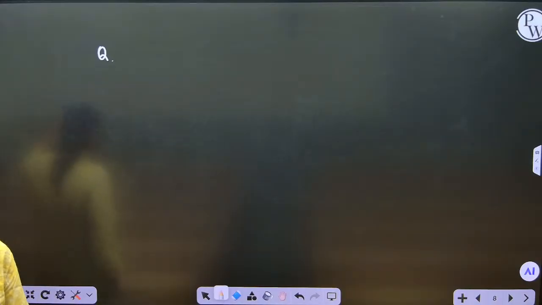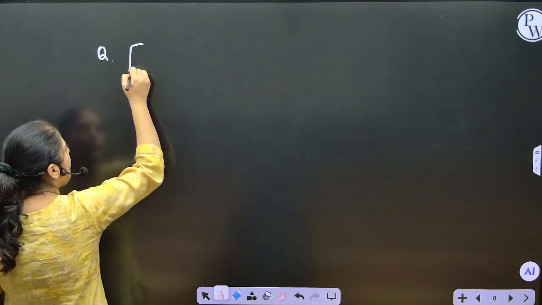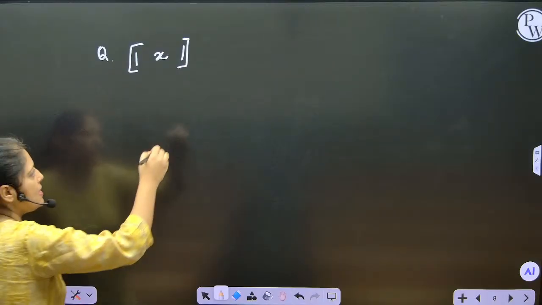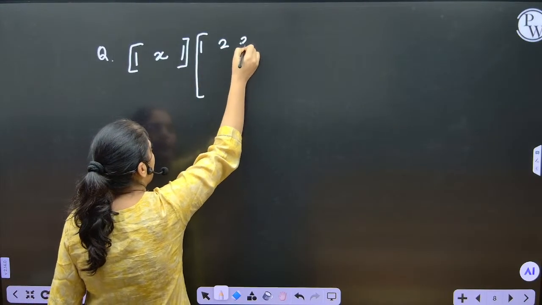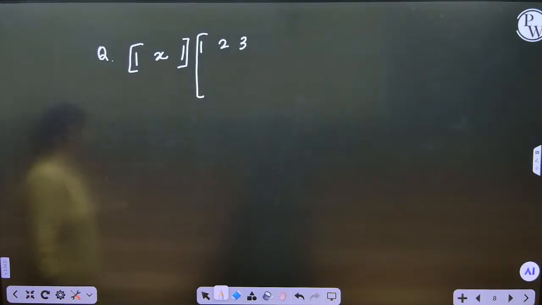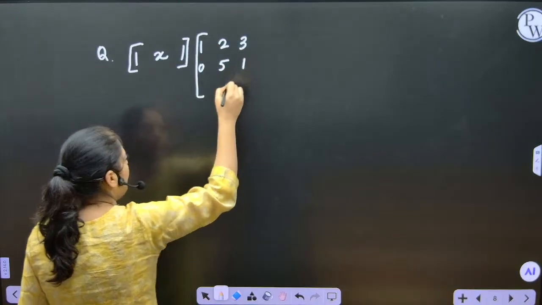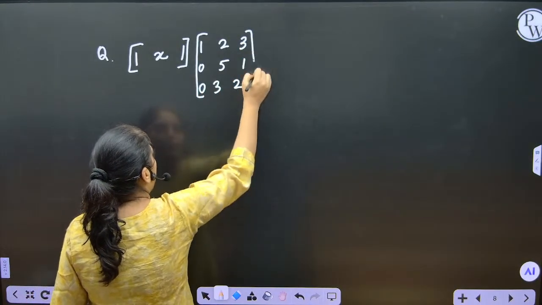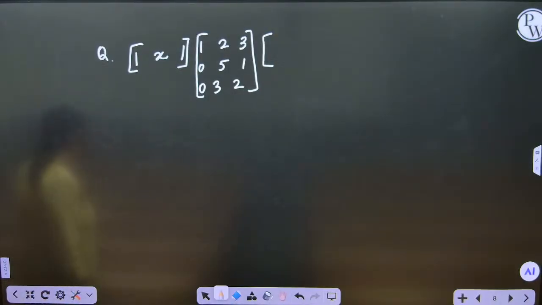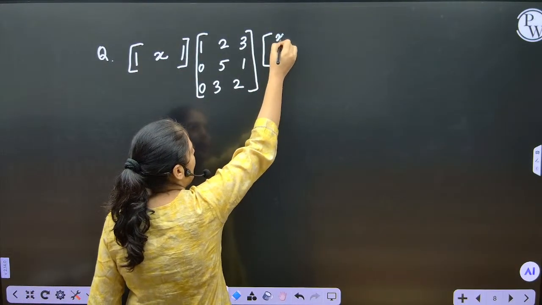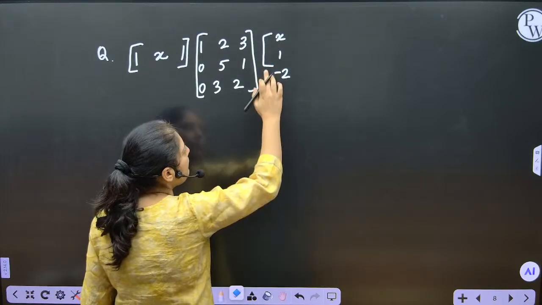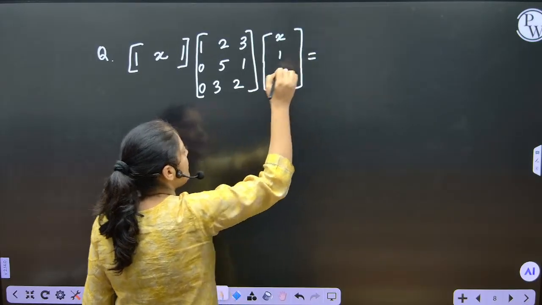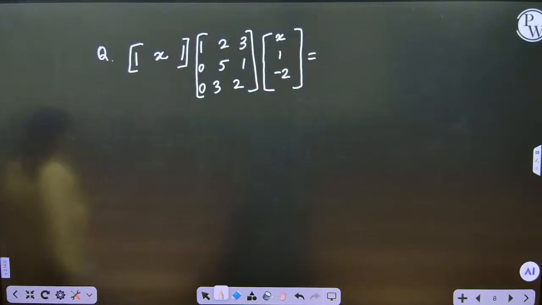Now, if one matrix is given to you as [1 x 1], the next matrix is [1 2 3; 0 5 1; 0 3 2], into one more matrix given as [x 1 -2], and this is already given to us as 0.